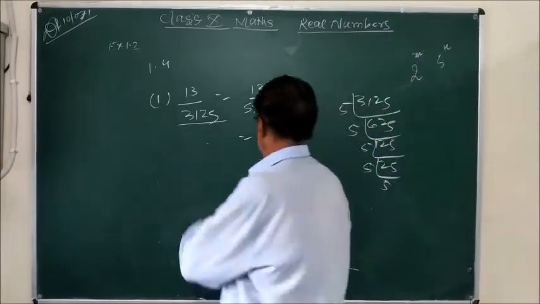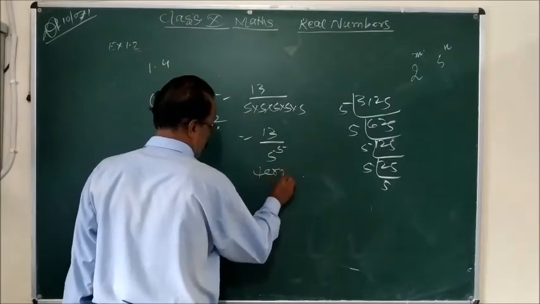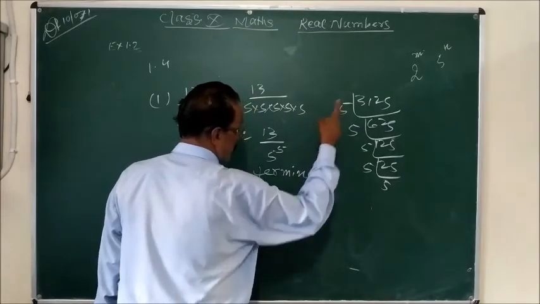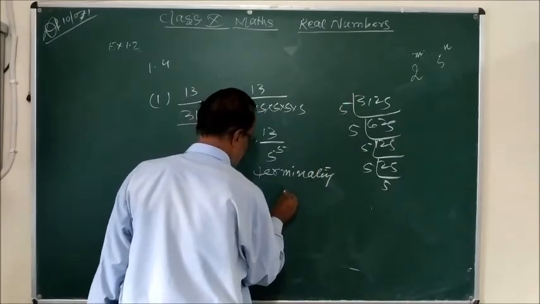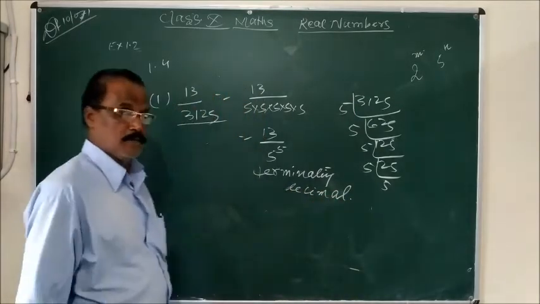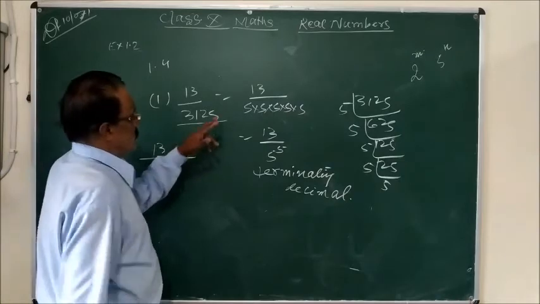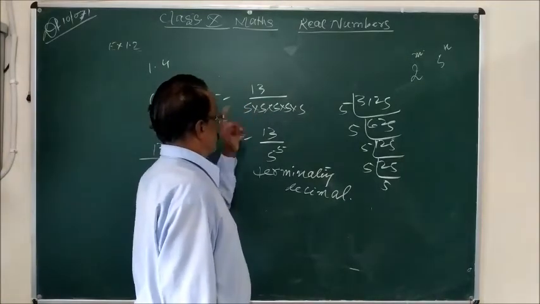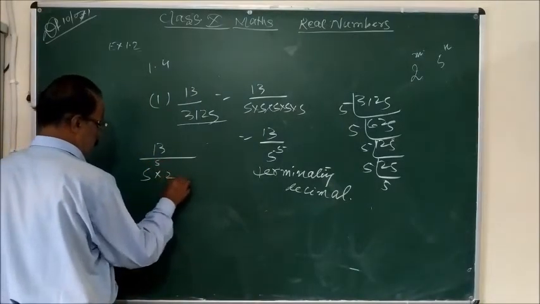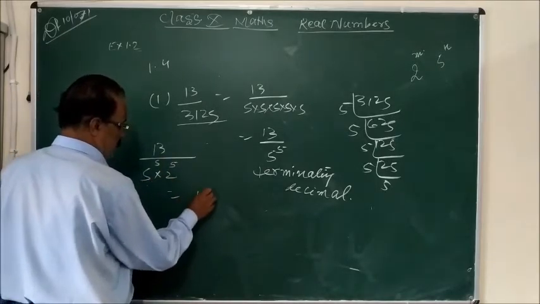It means this is a terminating decimal. If I ask you why: because the prime factorization of the denominator is a power of 5, it is a terminating decimal. And if it is terminating, you change into decimal. How will you change into decimal? For decimal, there should be a power of 10. So 5 power 5, and if you multiply by 2 power 5, this will be 10 power 5.